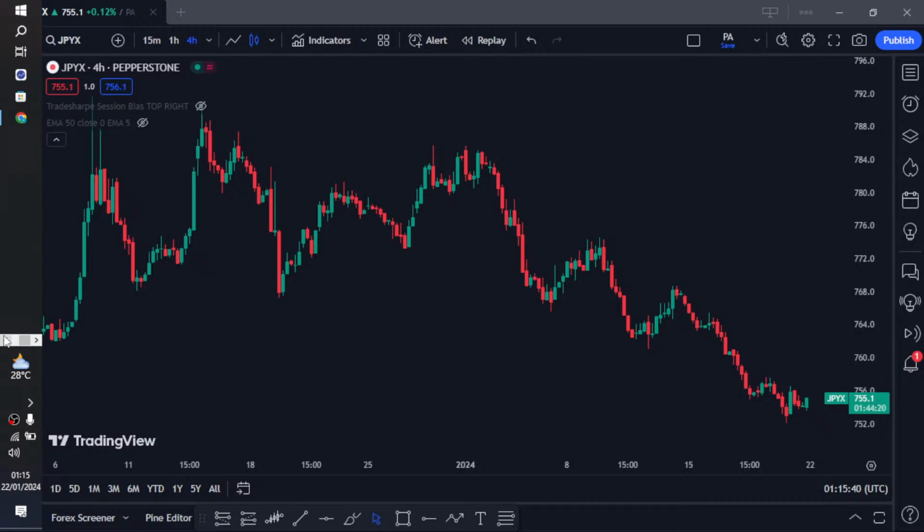So the person wants me to check for the JPY index. Hope this is the right market, which is JPYX. Okay. So let me take a look at this market.